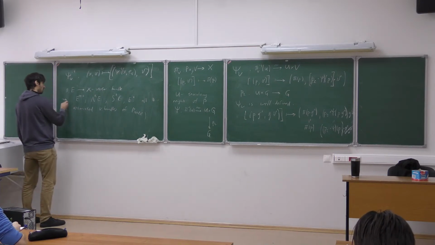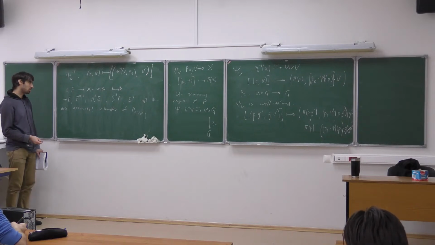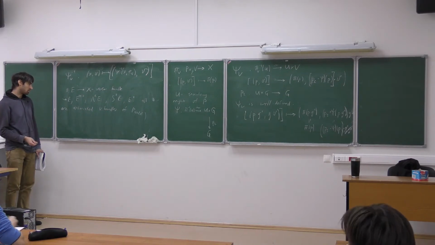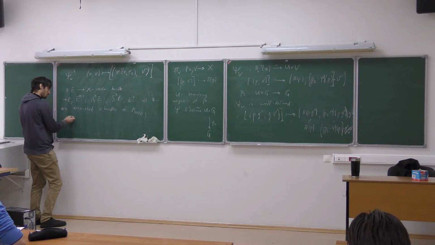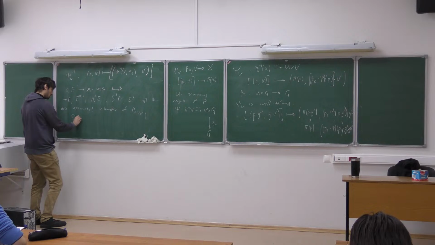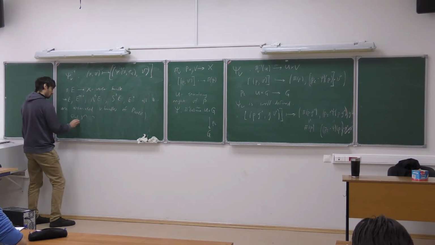Well, I don't know, E itself as well, right? So for E you take just GLn, and you have the action on Cn. Well, I don't know why C, just whatever field you take.